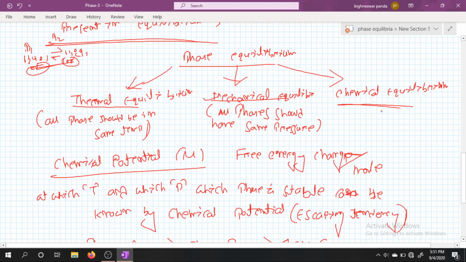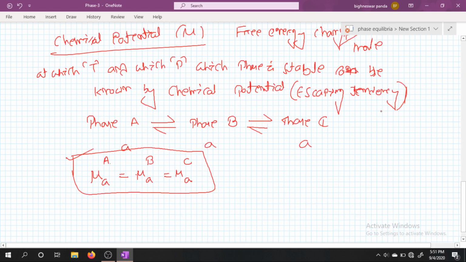Chemical potential is the free energy change per mole. So the chemical potential of component A in phase A, phase B, and phase C should all be equal. Then there will be chemical equilibrium.